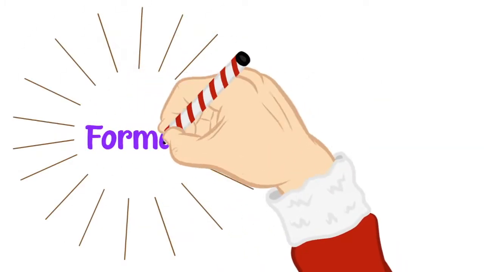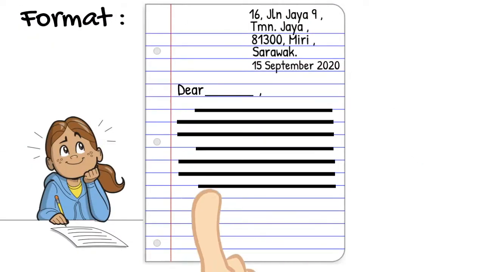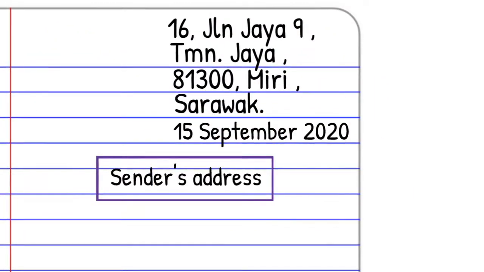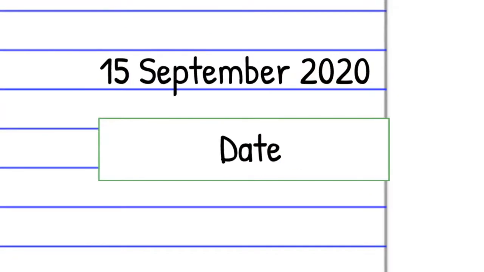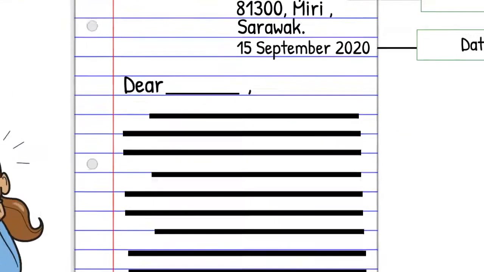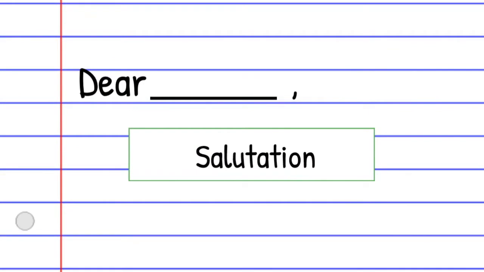On to the next section, format. For an informal letter, we must have number 1, the writer's address. Number 2, date. Number 3, we need to have a salutation.